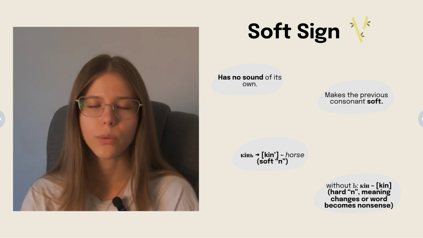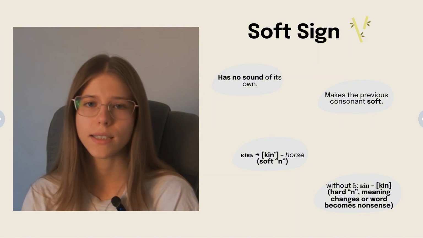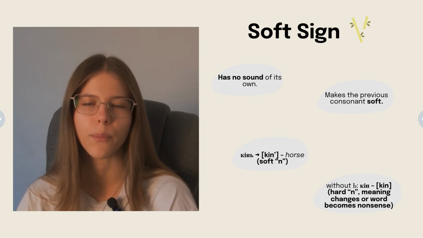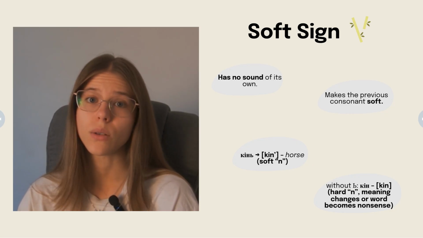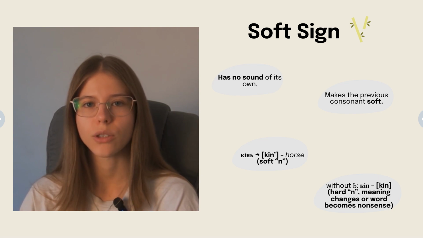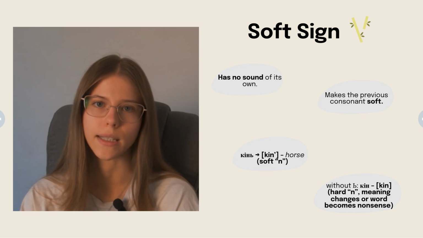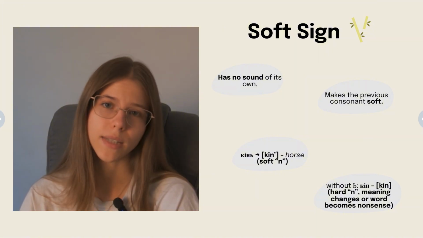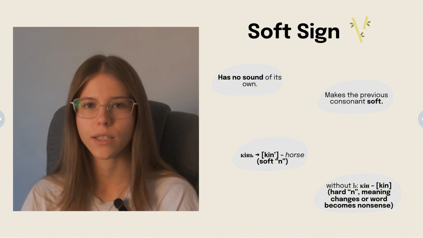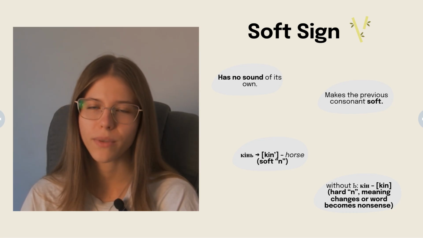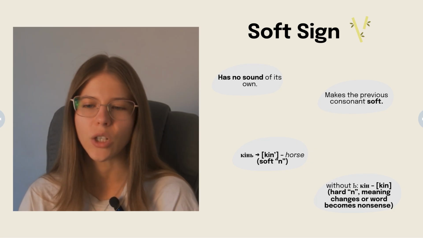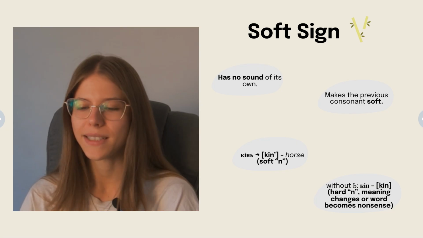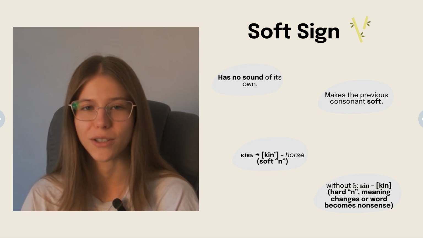As well, in YouTube videos, we will practice this sign more, and you will always find videos with practical exercises on YouTube channels or basically on Google, where you can listen and try to pronounce the syllables hard and soft, comparing them. But I can tell you, that's actually a difficult letter for foreigners, so it's not a problem. It's normal to not understand how to pronounce the soft sign. Practice makes perfect. That's totally true.